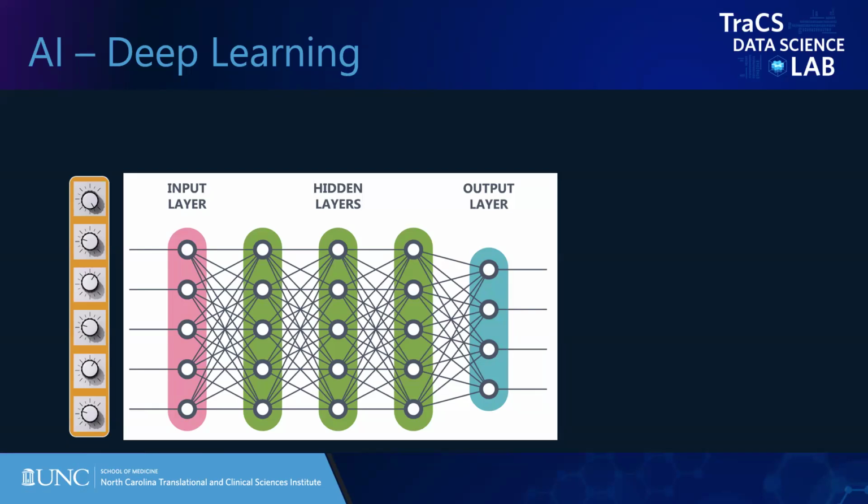So this particular diagram here is a very simple illustration of the general structure of a deep learning model. In reality, most layers would have a lot more knobs than this, and you can have many more layers than what is shown here. So the total number of adjustable knobs can get very high. We call these parameters. And we'll come back to this idea of large numbers of parameters later as well.